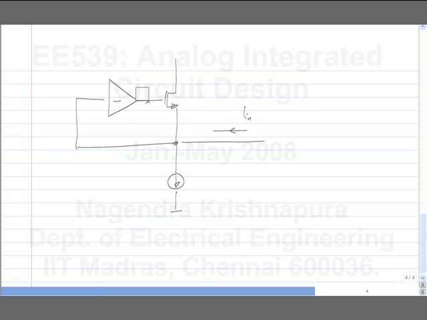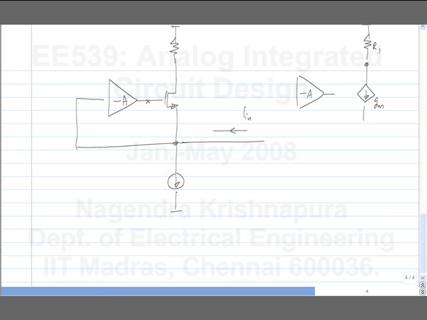Why is that? So what is the input impedance of this? Let's say the gain of this is minus A. What is the input impedance of this? Let's have gm here, and then this is connected to a load.